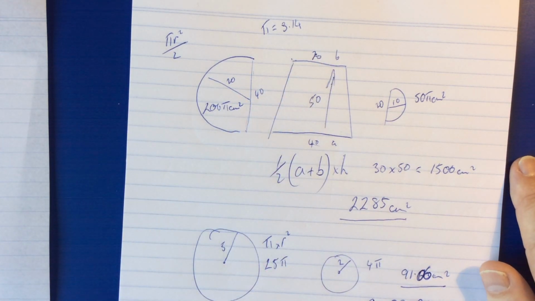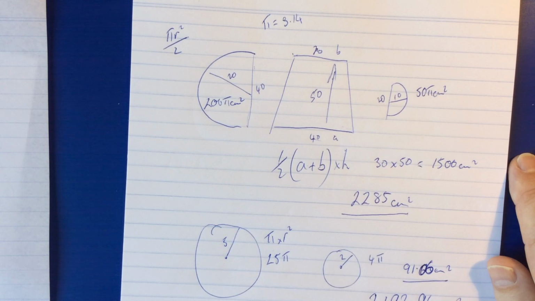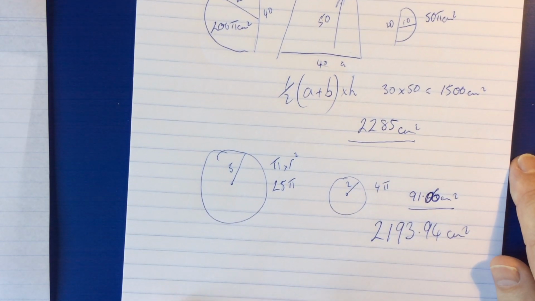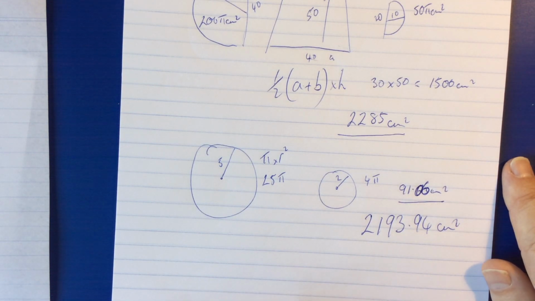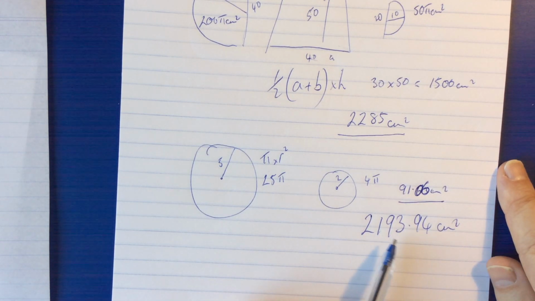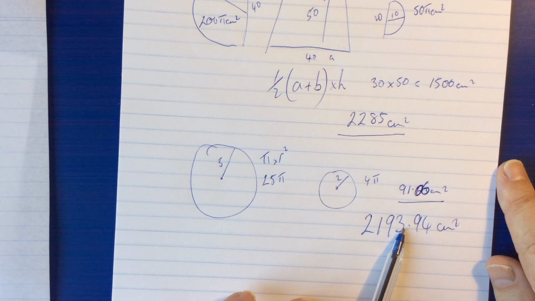If you push the pi button on your calculator, you will get a more accurate answer, but we're accurate to within half a centimeter squared, I would say. As an exercise, this is about showing you how to do it. If you use pi on your calculator, it'll be 2,194 point something, so it's very, very close.